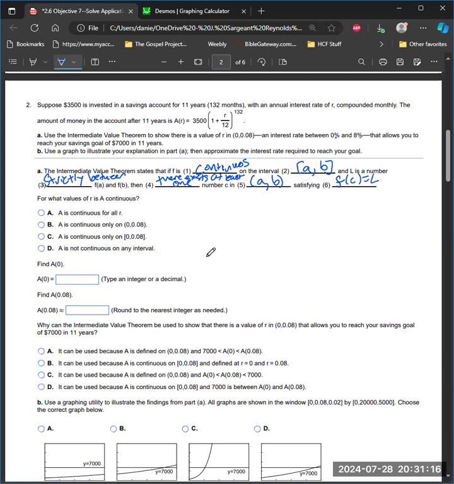For what values of R is A continuous? It's continuous for all R values.